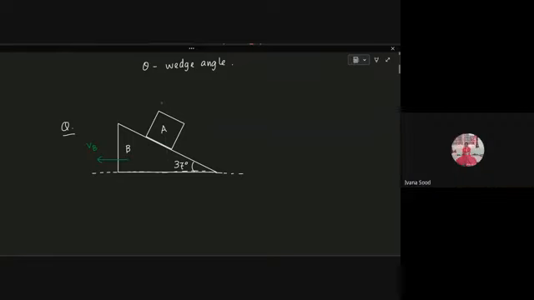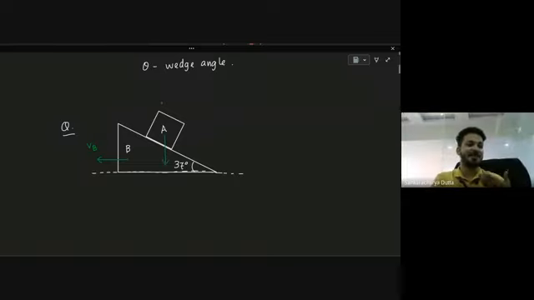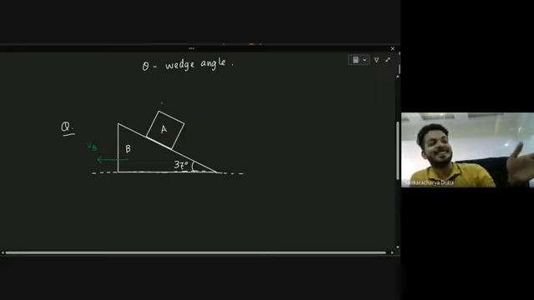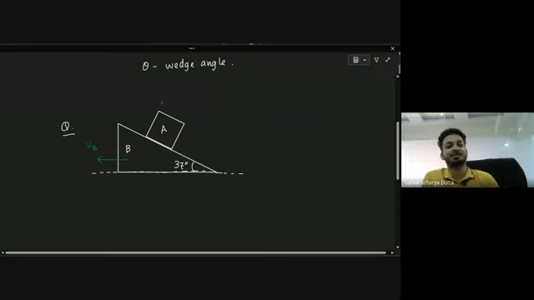A will apply a downward force, but the normal will be at an angle like this. So this block will also apply a force in this direction, which will have a component in this direction. The exact force analysis for this will be done in Newton's laws of motion.